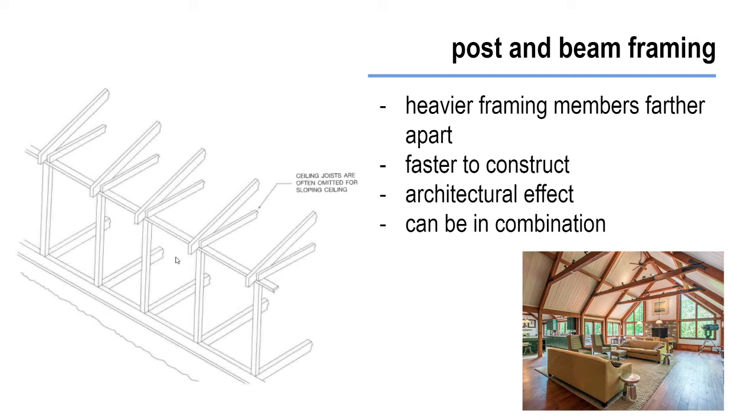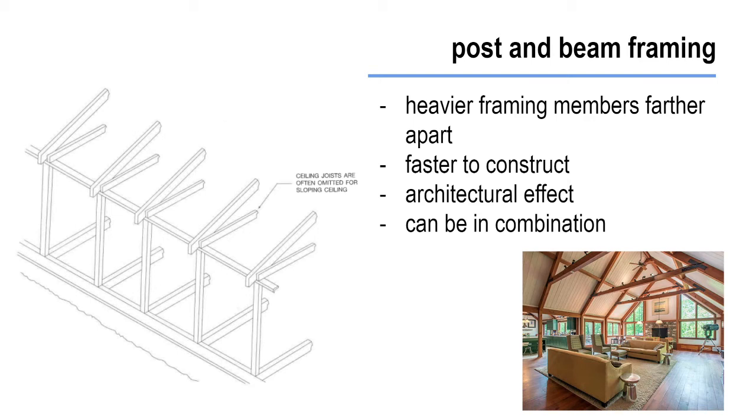Another kind of construction that is used especially in kind of mountainous areas around here is post and beam framing. So platform framing and balloon framing, they're characterized by those closely spaced lightweight framing materials.